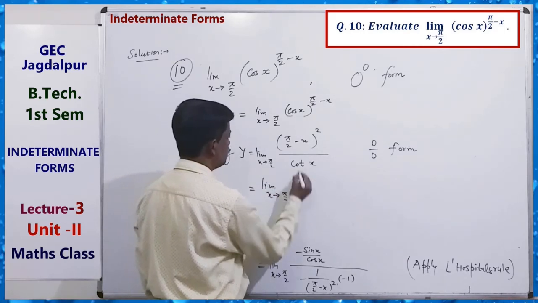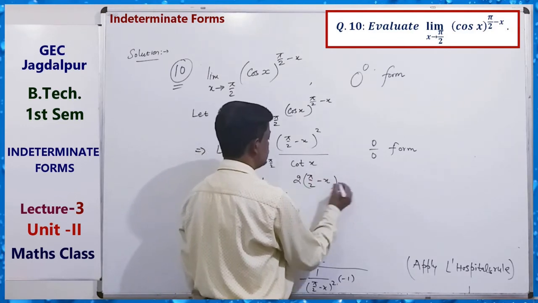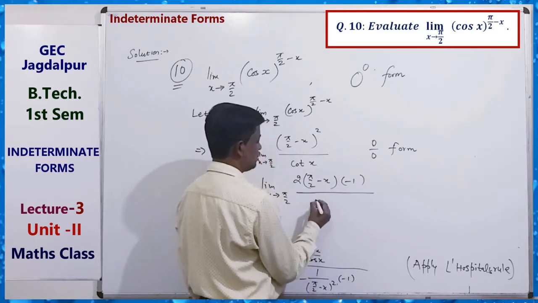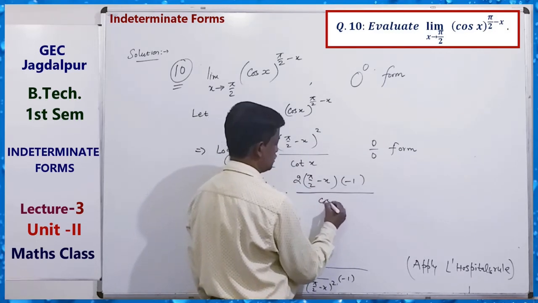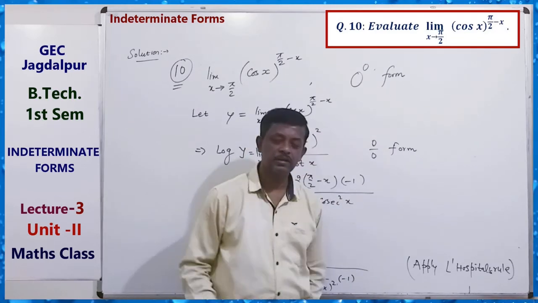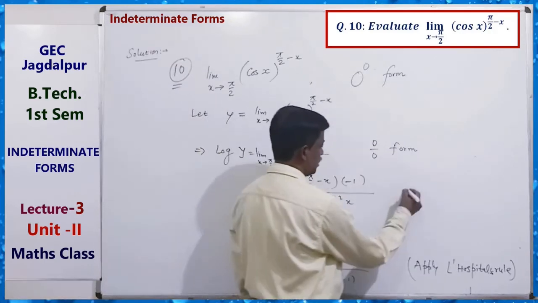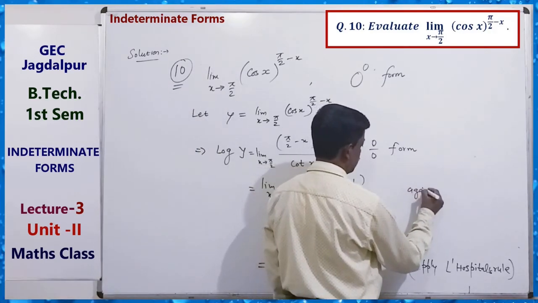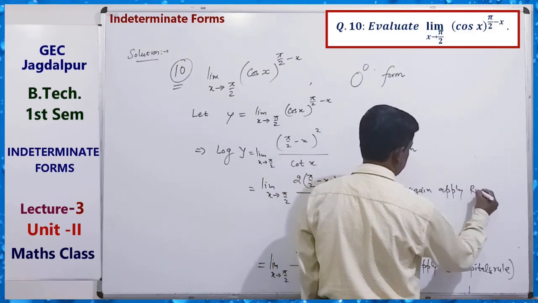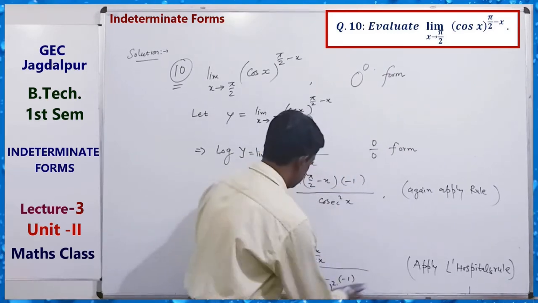X tending to pi by 2. Here 2 (pi by 2 minus x) into minus 1 upon minus cosec square x. Cosec square x. So this. Again applying rule, L'Hospital rule.